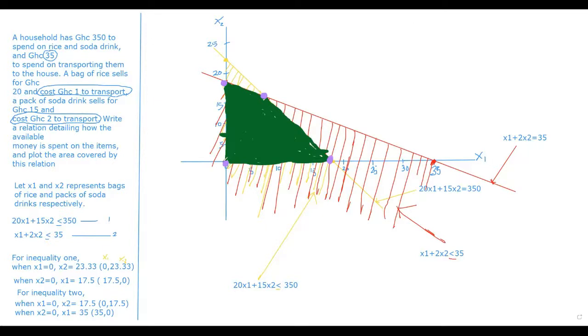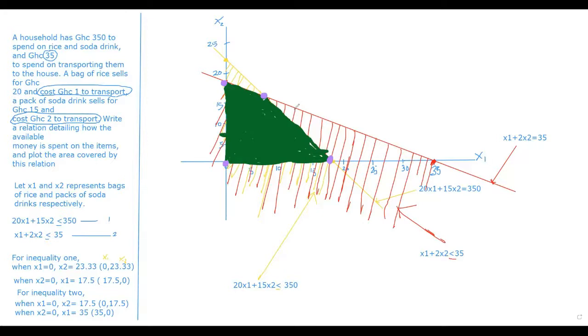So you are going to get 0, 0, 0, 23.33. Then 17.50. And the last point, I don't know if it is 10 or 17 point something. Yes. And you are going to choose these answers.